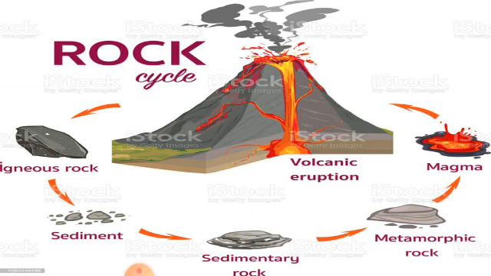You have already learned that when the molten magma, the hot liquid, cools, it becomes igneous rock. These igneous rocks are broken down into smaller particles that are transported and deposited to form sedimentary rocks. When the igneous and sedimentary rocks are subjected to heat and pressure, they change into metamorphic rocks.